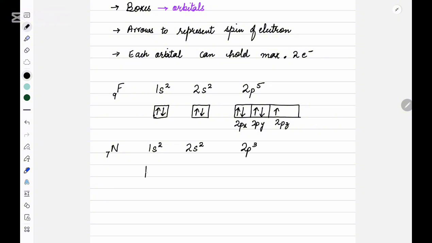This orbital has 2 arrows in opposite directions, this orbital also has 2 arrows in opposite directions, and for 2p3 it is going to have 3 arrows, all in the same direction, because first we need to fill each of the orbitals. And if it were 2p4, then the arrow would come at this place.